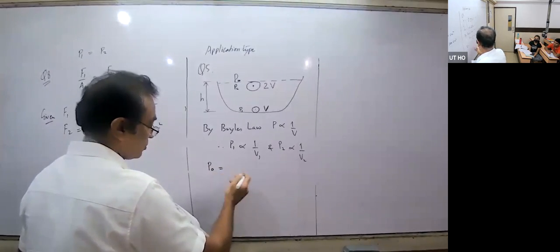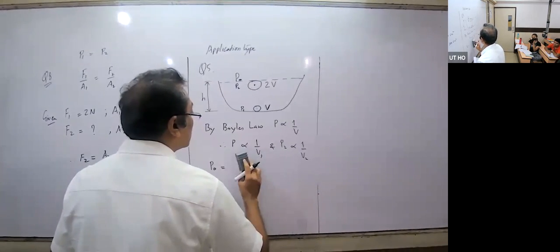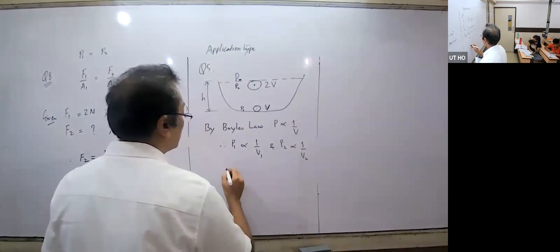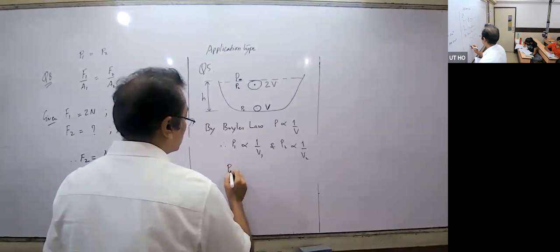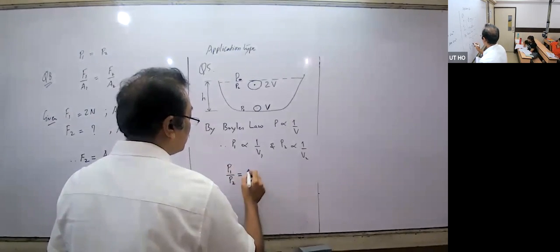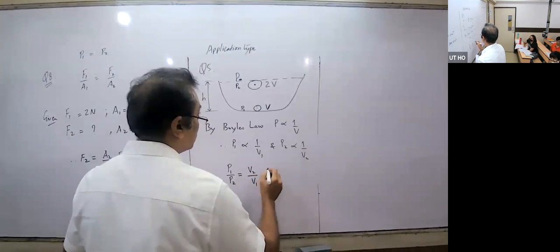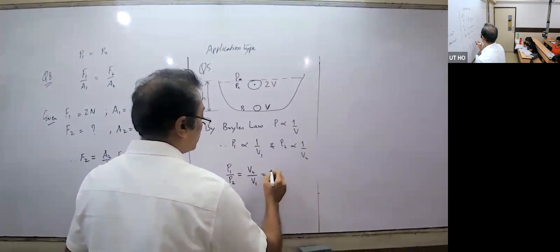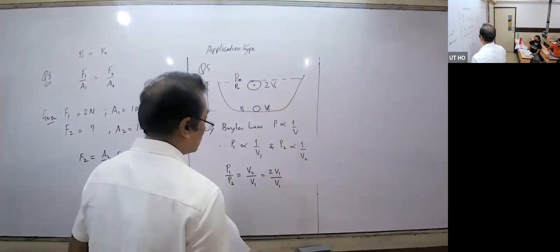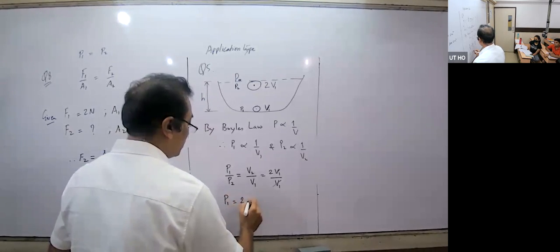So I can say P1 by P2 is equal to V2 by V1. But what is V1 and what is V2? V1 is V and V2 is 2 times V. Let's solve this. So P1 is equal to 2 times P2.